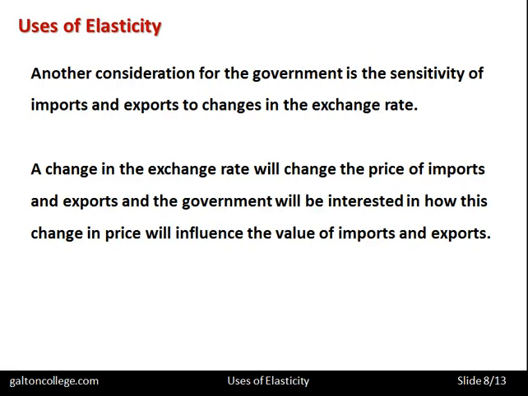We would stop buying it. But oil is so important that if the price goes up, we still purchase it. So the government needs to know the effects of a change in the exchange rate on the demand for imports. And that, of course, is really considering elasticity of demand.